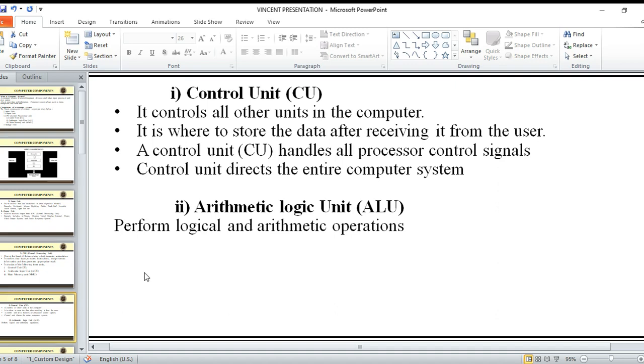So ALU does two functions, that is performing logical operations and arithmetic operation. So when we talk about arithmetic operation, it is more of calculation. So you will use symbols like addition, product, subtraction, and others. So you manipulate the numbers in arithmetic logic unit, and logic is for logical reason.